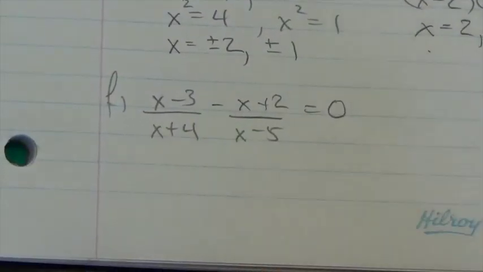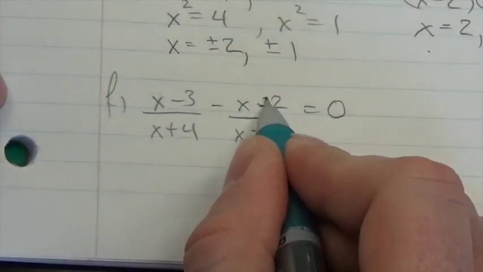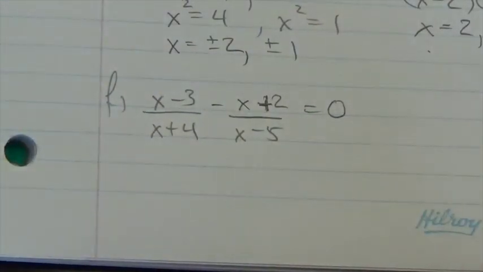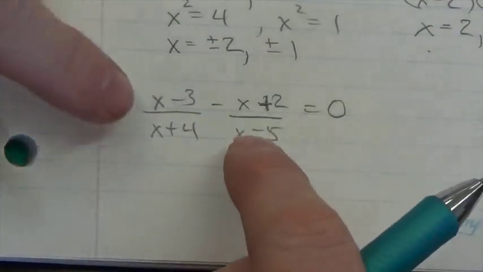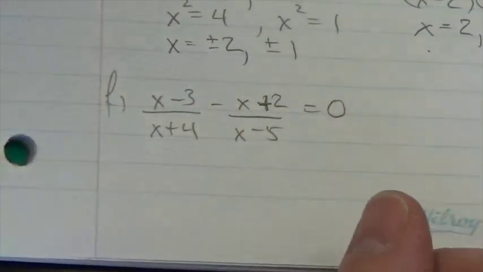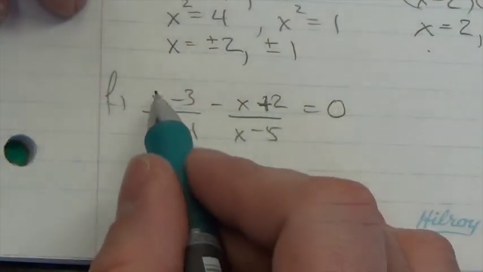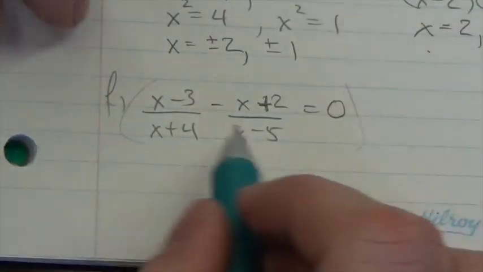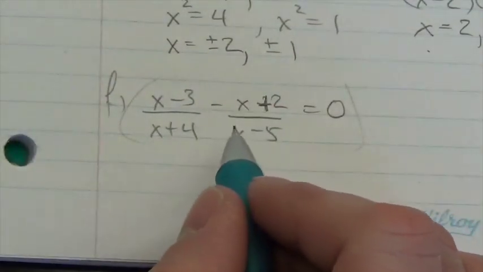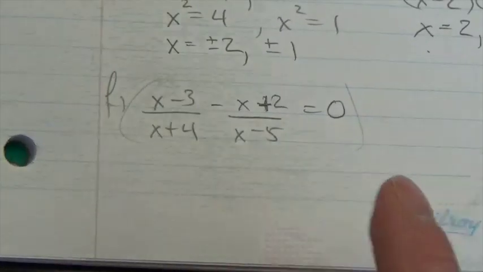Okay, now for me to solve this, there are a couple of different ways that I can do this, but they both end up doing the exact same thing, just in different places, I guess is the best way to describe it here. Like I could move that second term to the other side and then cross multiply here, but the other thing that I could do here is I could multiply the entire equation through by the lowest common denominator here.